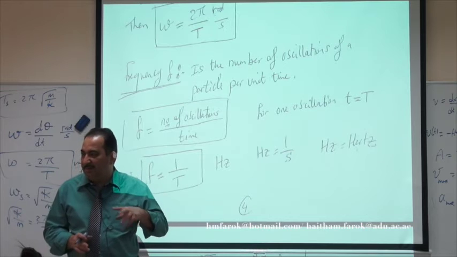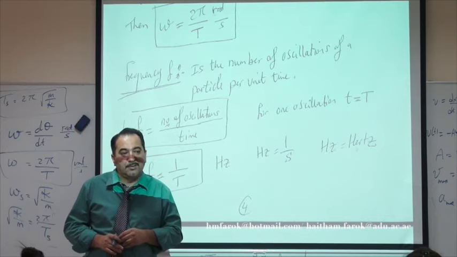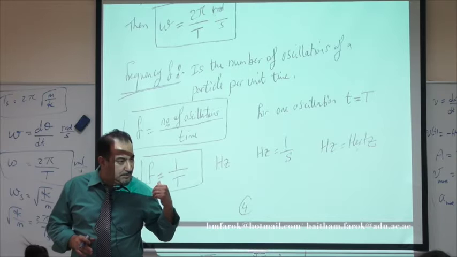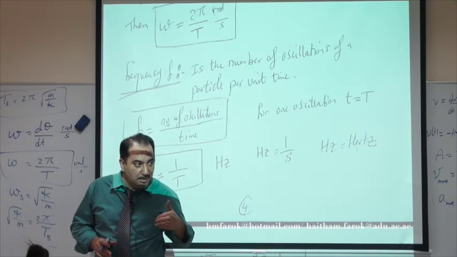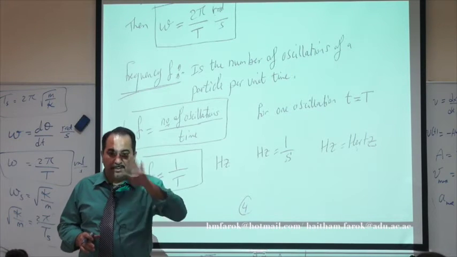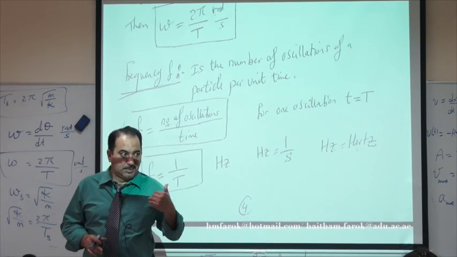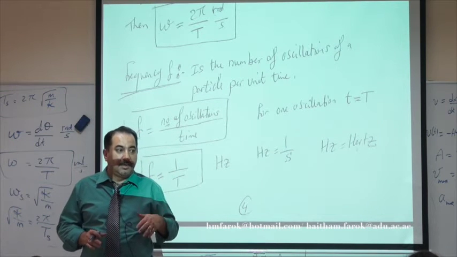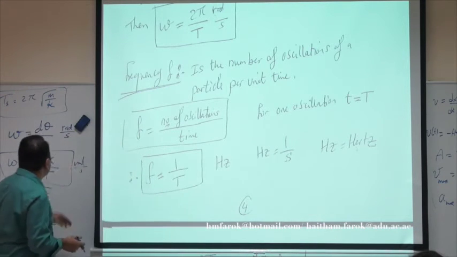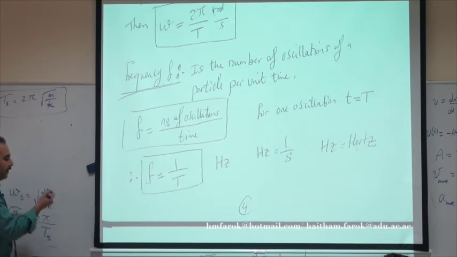When you divide the 5 revolutions over 20 seconds, what does that mean? Frequency. Revolutions over time, yes? But in this chapter, we don't use revolution. What do we use? Vibration, oscillations. So frequency is defined as number of oscillations per time.